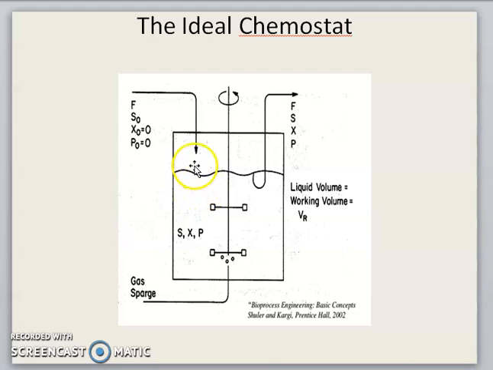Then there will be a certain time interval for fermentation, right? Then the product will be withdrawn. In the feed out, you might have a remaining substrate, or the substrate might be consumed totally during the reaction. It depends on the reaction itself. And then you will have the values of cell concentration and product.